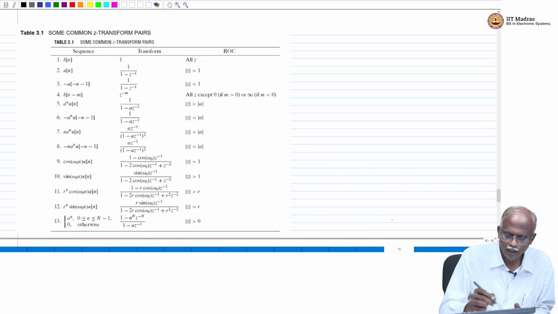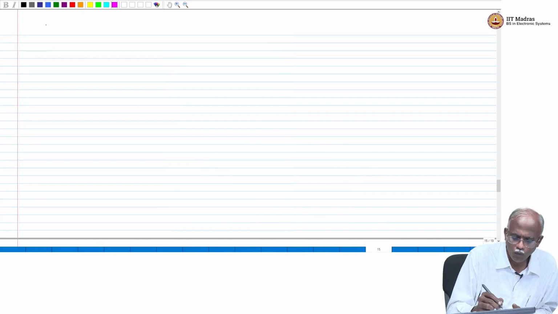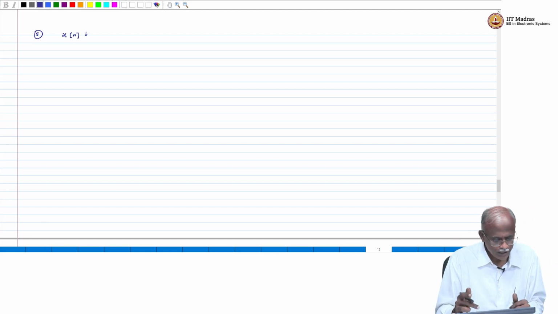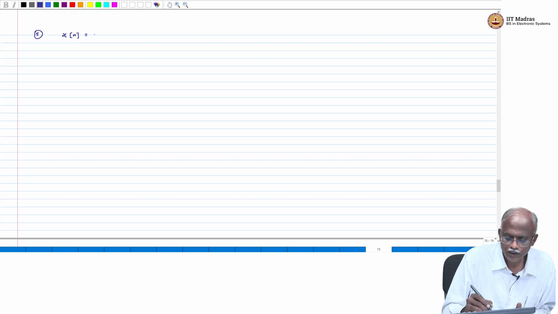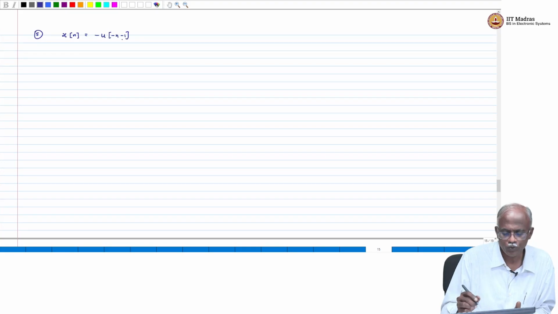Okay. Now, one last example, example number 5. Again, you may be able to write it down almost by inspection, but I would like you to just write down the steps. So, this will be minus u of minus n minus 1.